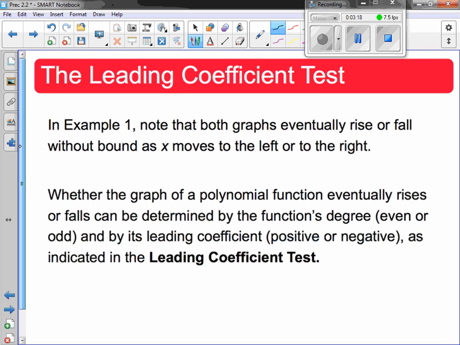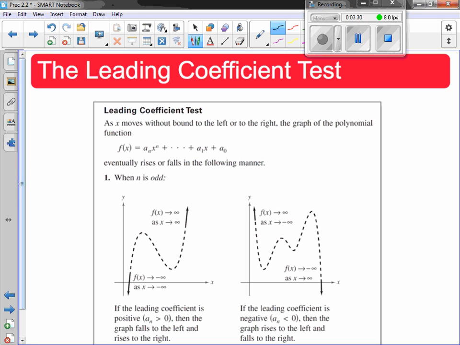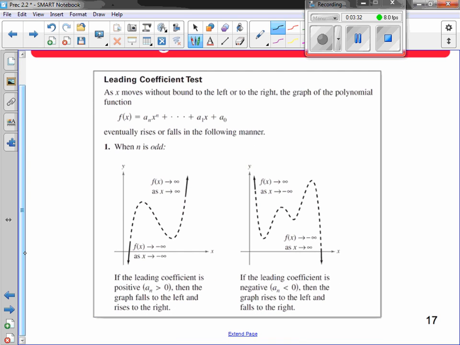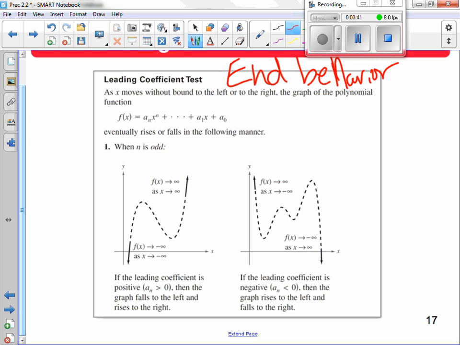Leading coefficient test. In Example 1, note that the rise and fall, whether the graph of a polynomial function eventually rises or falls, can be determined by the function's degree, even or odd, and by its leading coefficient, positive or negative. What they call the leading coefficient test, we called end behavior.